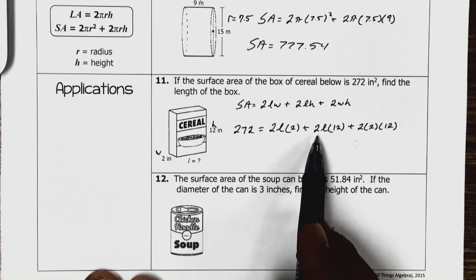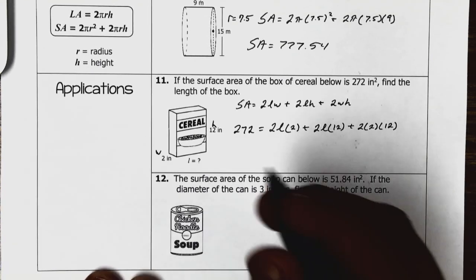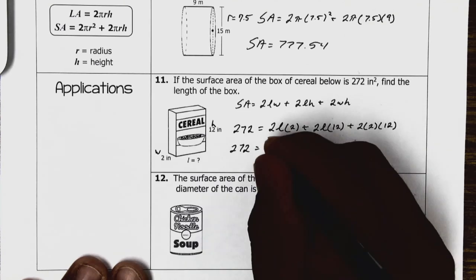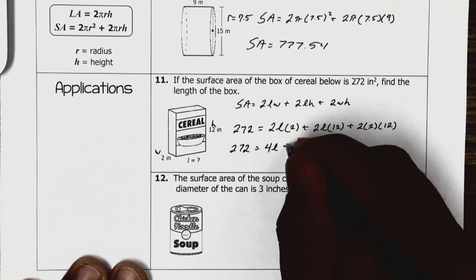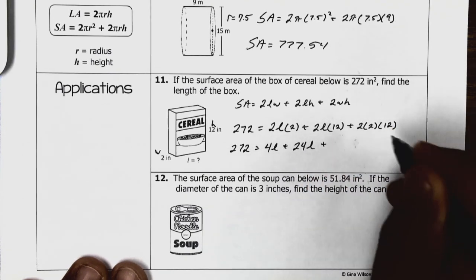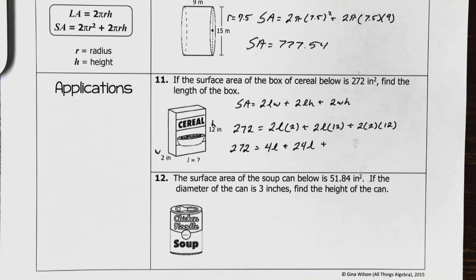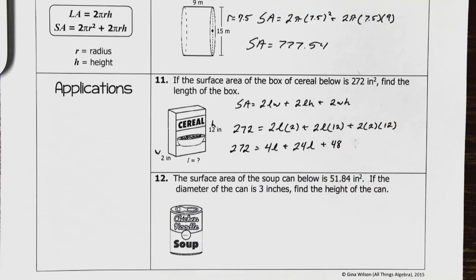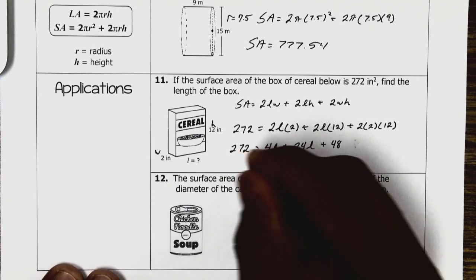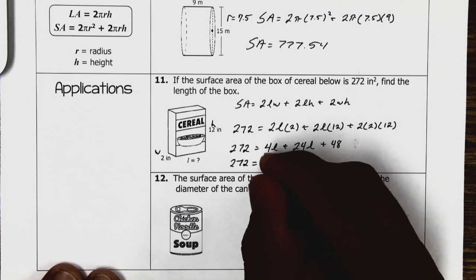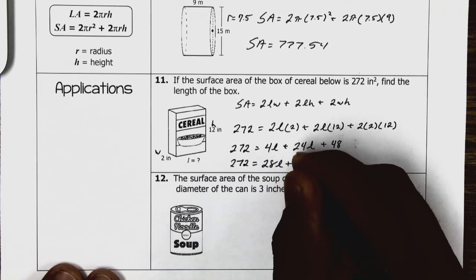So we can multiply this out. 272 equals, well, 2 times 2 is 4, so that's 4L, plus 2 times 12 is 24, so that's 24L, plus 2 times 2 times 12, that's 48. And then it turns into an equation where we combine our terms and solve. So 272 equals 4 plus 24, that's 28L, plus the 48.